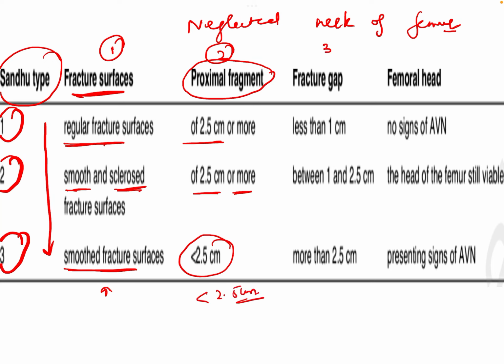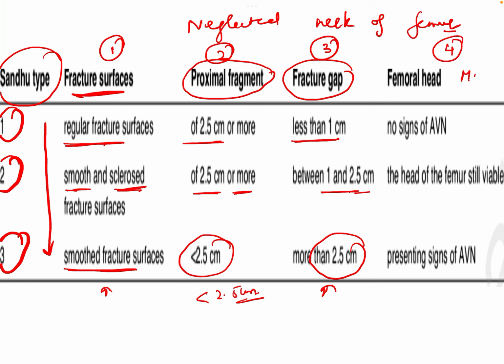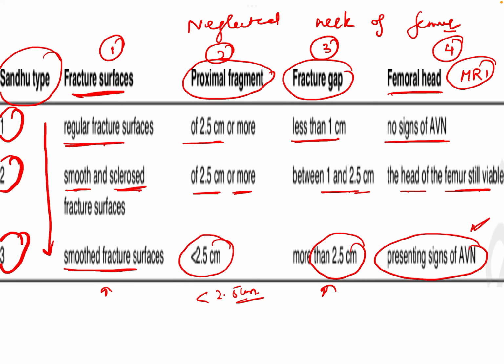Then the third criterion is the gap between the two fracture fragments: whether it is less than 1 centimeter, between 1 to 2.5 centimeter, or more than 2.5 centimeter. And lastly, the fourth criterion is on MRI, which is the viability of the femur head. There is no sign of AVN, the head of femur is still viable, and in type 3 we have presenting signs of AVN.